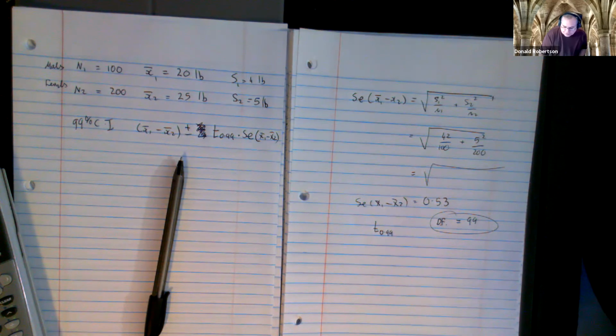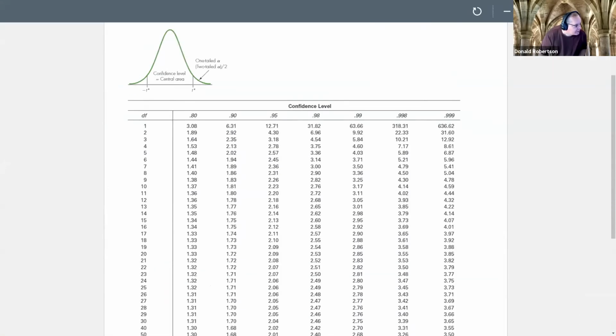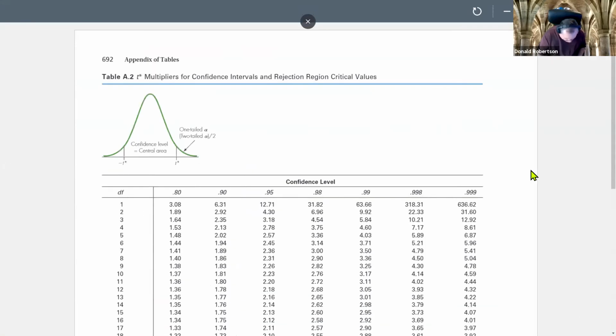And it's called T-distribution table. And let's jump over and see what it looks like. So this is kind of what you would be doing in your own test if you were doing this question. Right. So make it a little bit bigger.